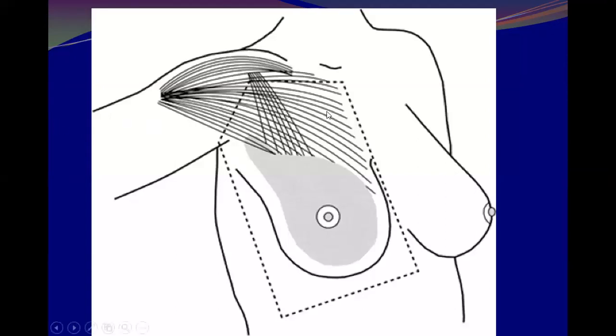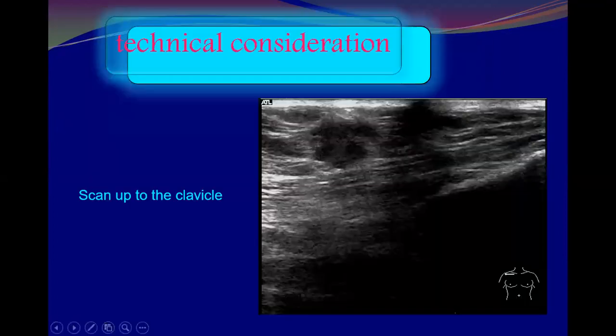Also, you remember we discussed before, we said the breast tissue extends to the midline, to the mid-axillary line, and up to the clavicle, to the axillary tail, and down. There are variations in the extent of the breast inferiorly or caudally. So we have to consider this while scanning the breast.